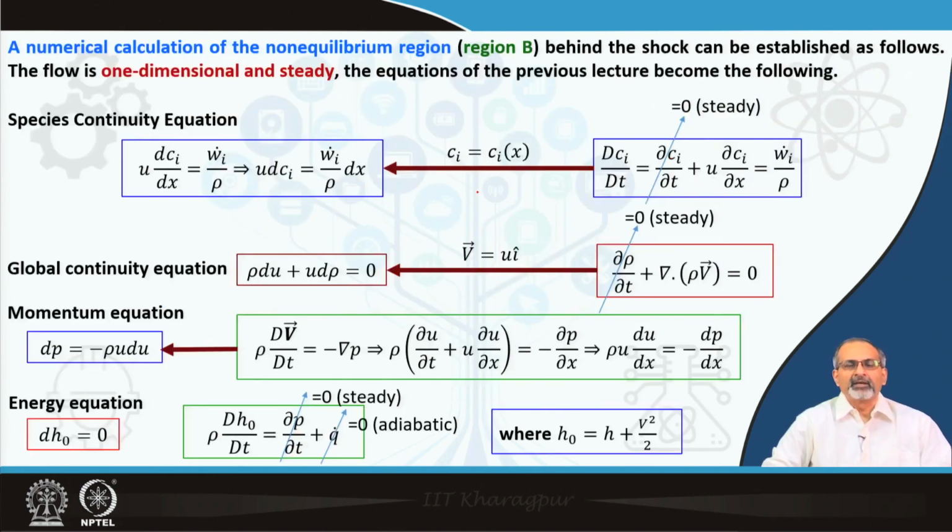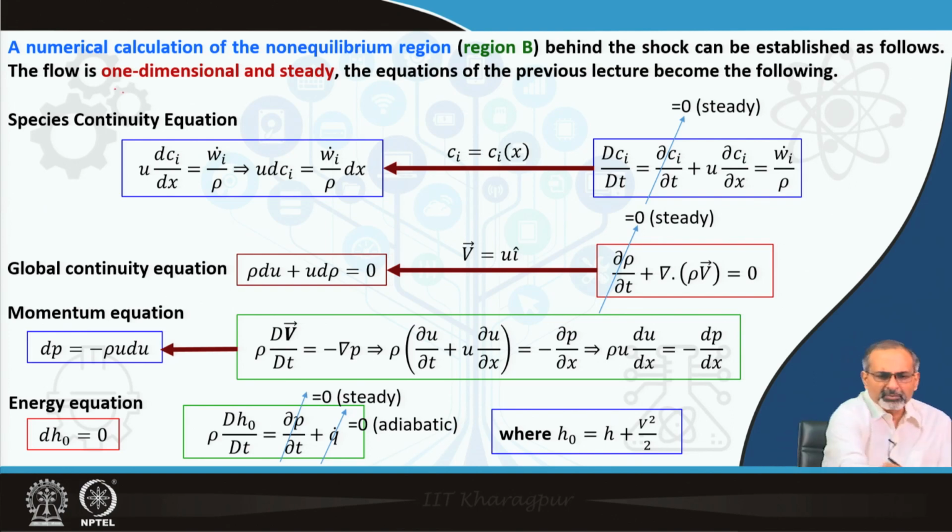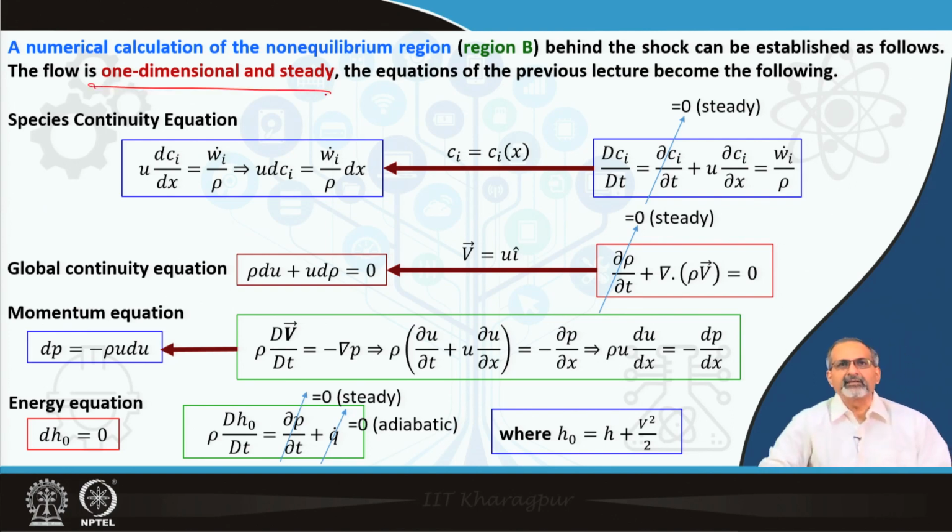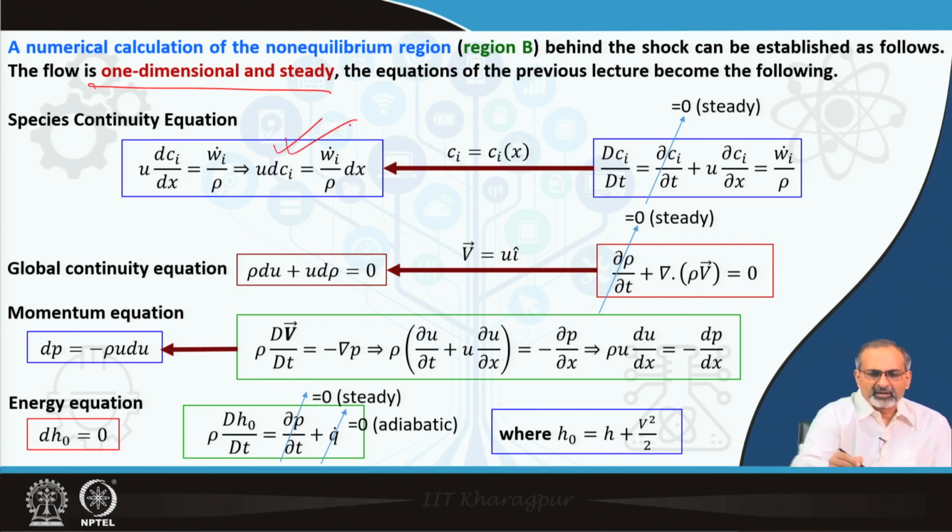Let us move on. Here is a brief discussion about the numerical calculation that you might attempt of the non-equilibrium region behind the shock. Remember, it is a one dimensional and steady situation that we are talking about. When it comes to the species continuity equation, under the one dimensional assumption, the equation would reduce to a form like this.